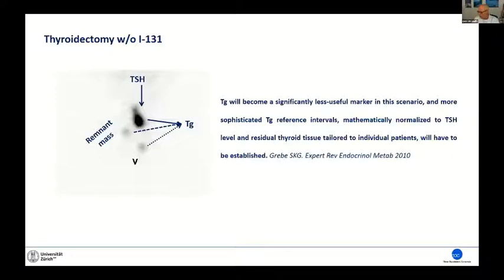In such cases, we need to take into account the remnant mass, the TSH level, and the presence or not of recurrence. Stefan Grebe said some years ago that probably sophisticated reference intervals with a mathematical normalization of TSH and residual thyroid tissue are required, but until now, no data are available.